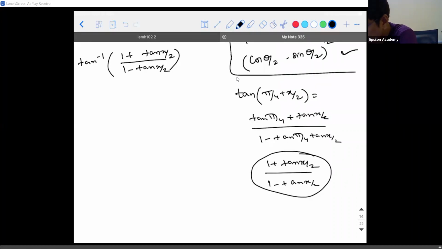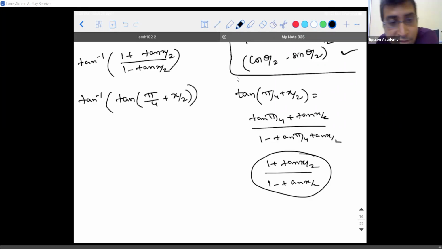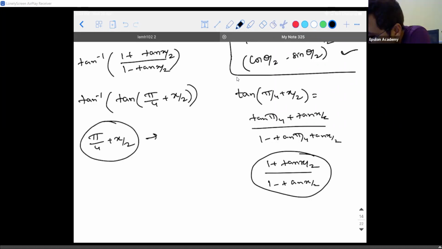So what can I do? This will become tan inverse of tan of pi by 4 plus x by 2. How much is the answer? And this is the required simplest form.